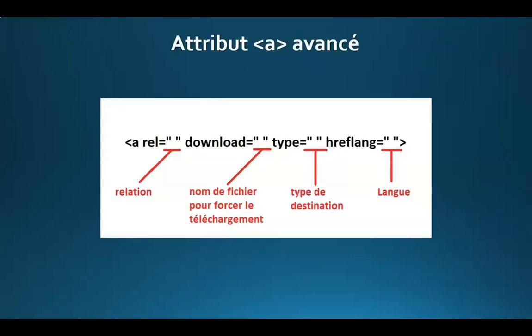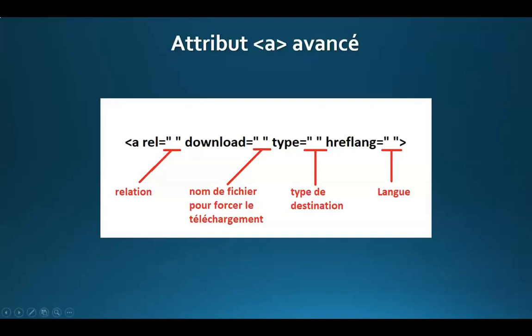The advanced attributes. In fact, you can have several additional options. Here we see that in our A tag, so our link, we have the rel attribute, which takes the relationship as its value. We will see later in an example that it takes different values.